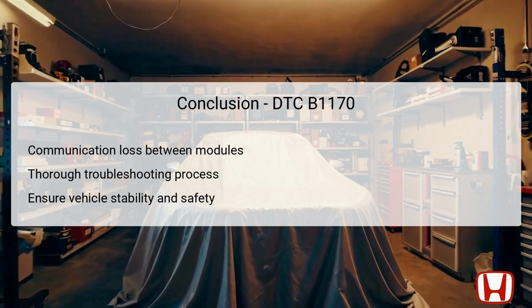Regular preventive maintenance plays a part in minimizing the possibility of such issues arising in the future. Finally, ensuring that the vehicle's stability and safety systems are functioning optimally is paramount for both driver and passenger safety. By following the appropriate steps, technicians contribute significantly to trustworthy vehicle performance.